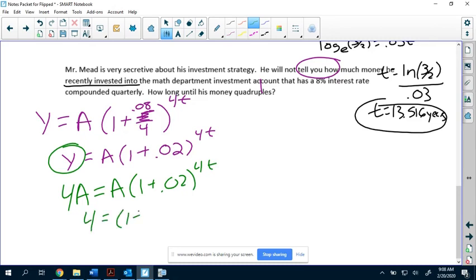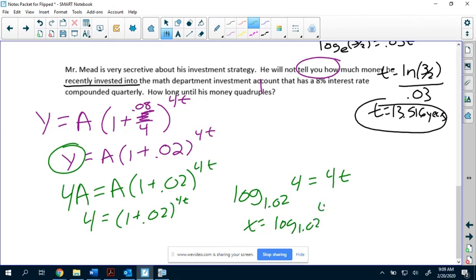This part becomes 4. Well, we can solve this with a log. Log base 1.02 of 4 is equal to 4t. So our t is log base 1.02 of 4 divided by 4.